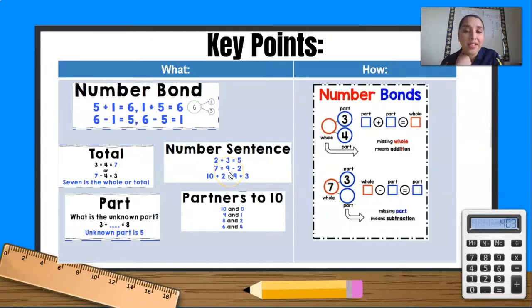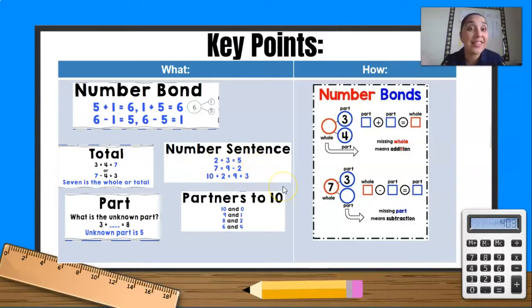Here's another example of a number sentence: 9 minus 2 equals 7. Boys and girls, we normally don't see a number sentence written like this, but it's exactly the same thing. They're giving us the answer after the equals.